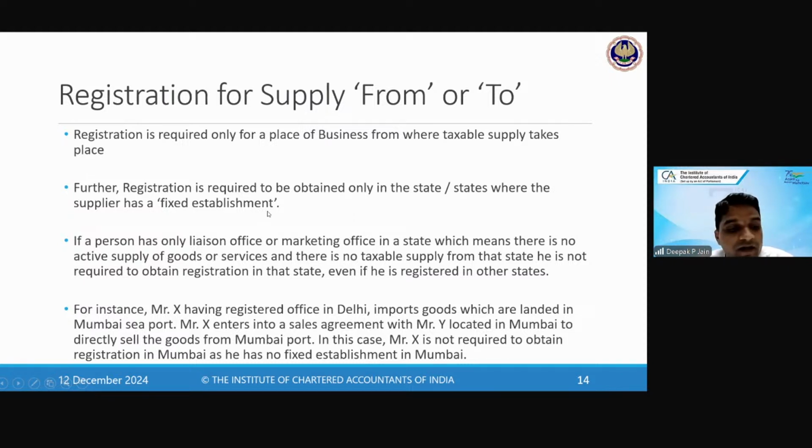On the second point, on fixed establishment, this is the example. The goods are landing in Mumbai, okay? But still, he is not required to obtain registration because in Mumbai, he is not doing any business. The goods are only landing in Mumbai. His registered office is in Delhi. So even though the goods are landing in Mumbai, he need not take registration in Mumbai.